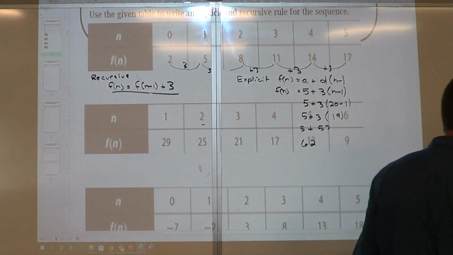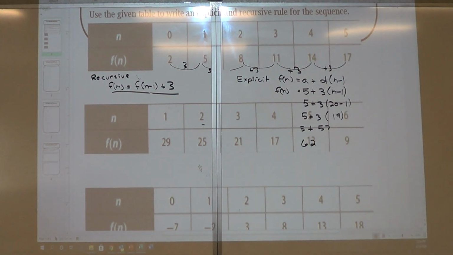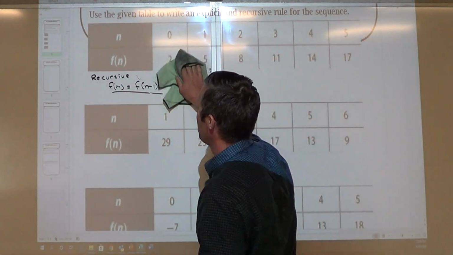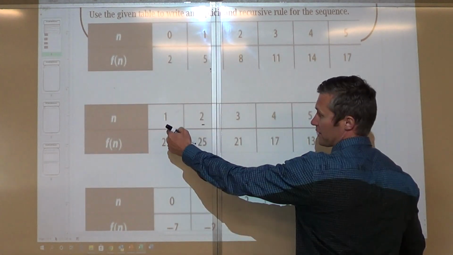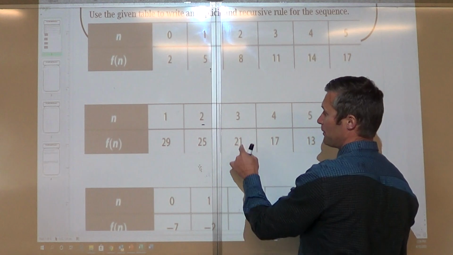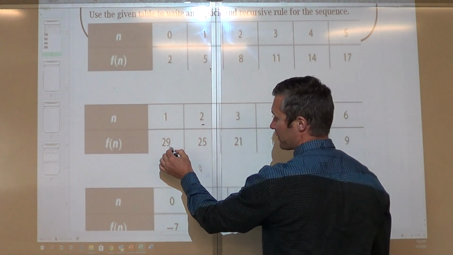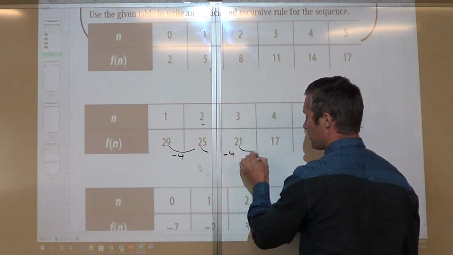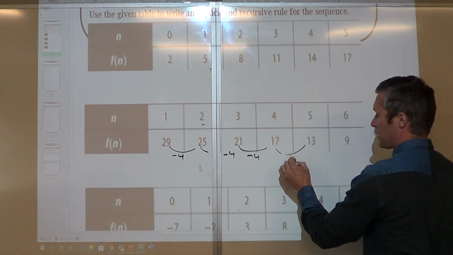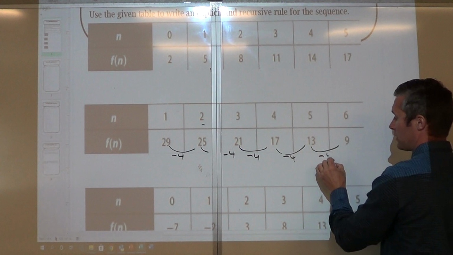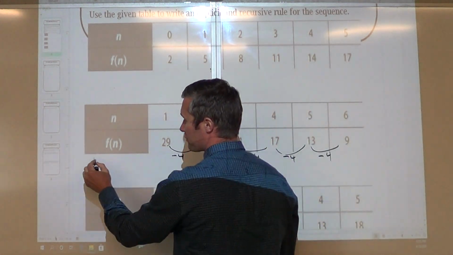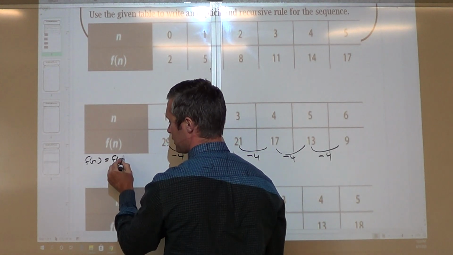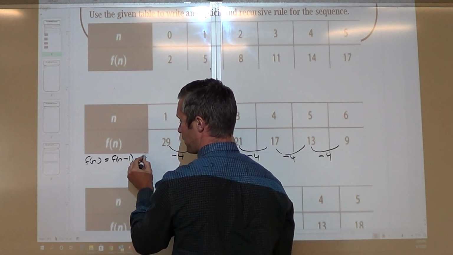Let's go to the next one. Look at my pattern. It starts off at the first term, second term, third term. Here we're subtracting 4 each time. So my recursive formula just says f of n equals f of n minus 1 minus 4.